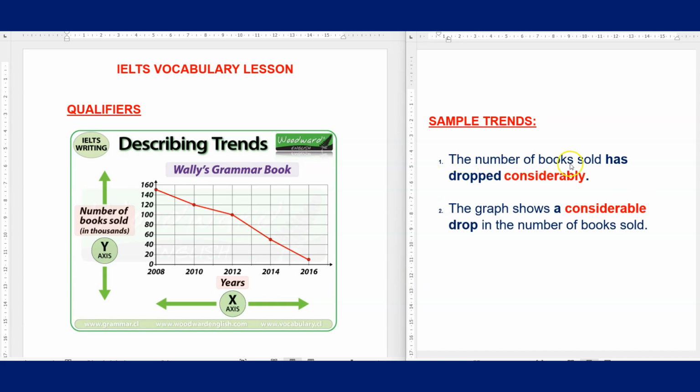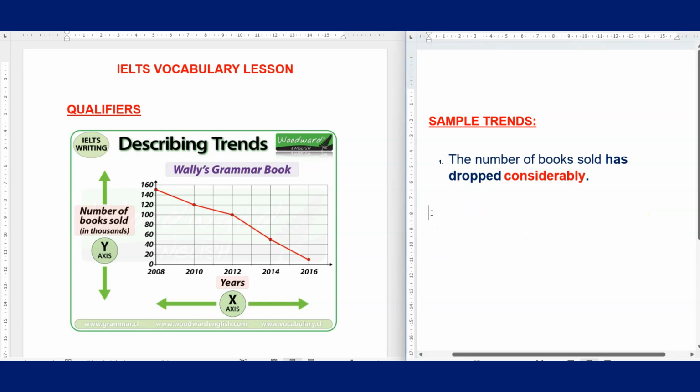The number of books sold has dropped considerably. The graph shows a considerable drop in the number of books sold. So why did we put considerably in the first sentence and considerable in the second one? Why did we put them in that position in each sentence? Now let's look at the first sentence alone.